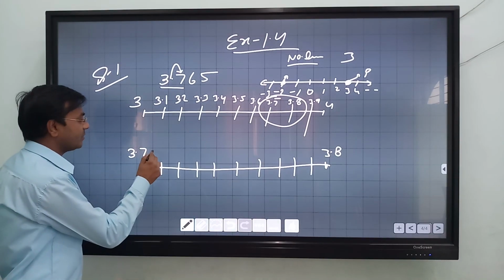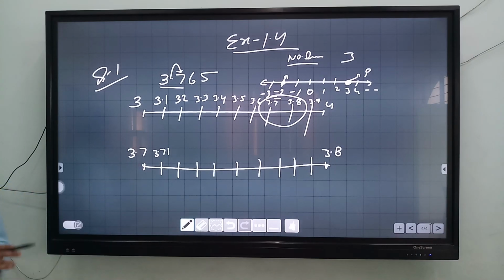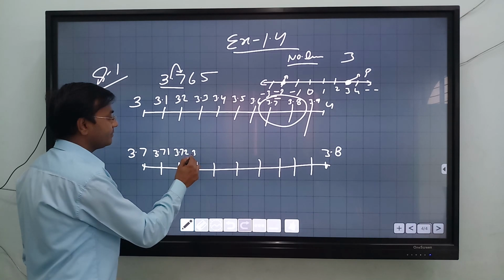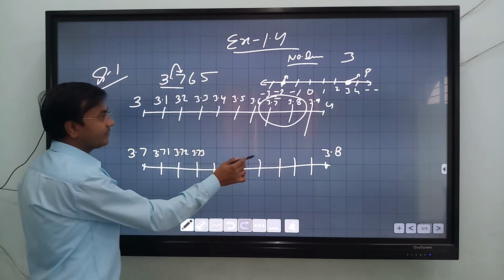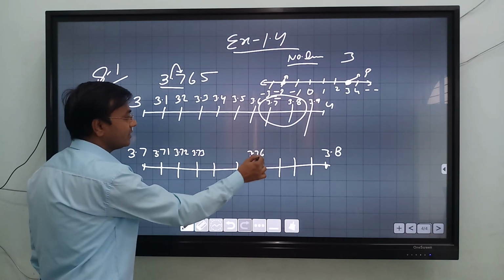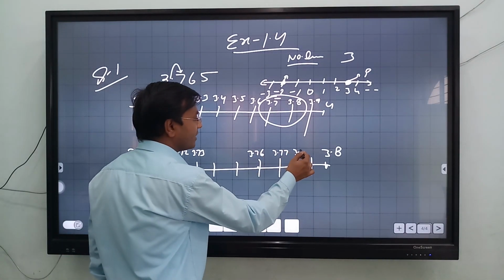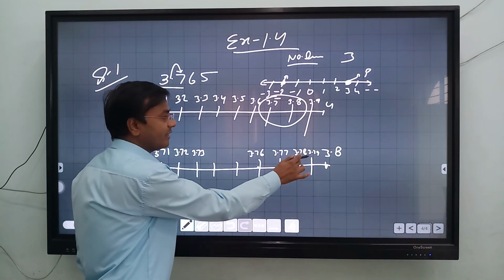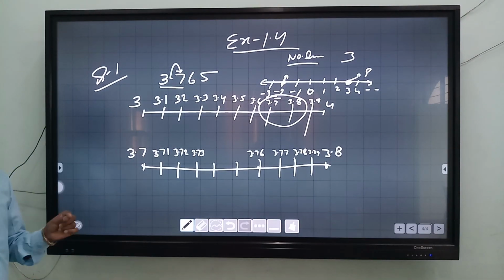So this number must be 3.7, we can say 1, because this is the first part of the decimal. Okay, next 3.72, 3.73, 3.74, 3.75, 3.76, this number is going to be 3.76. Next one is 3.77, next 3.78, next 3.79, and after 3.79 exactly we will get 3.8. Okay, now one more step to go.